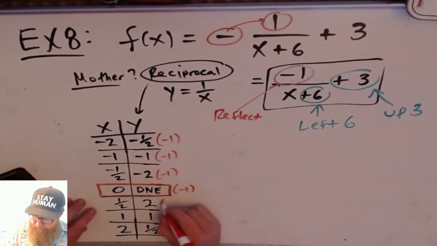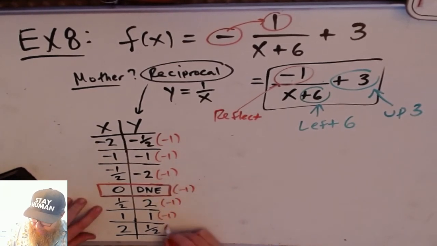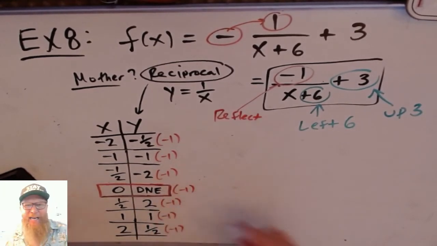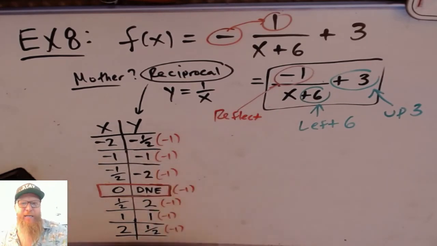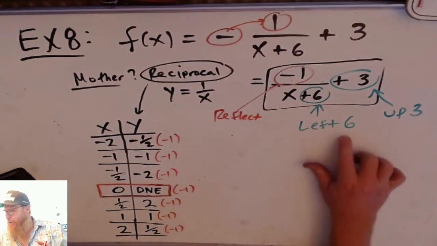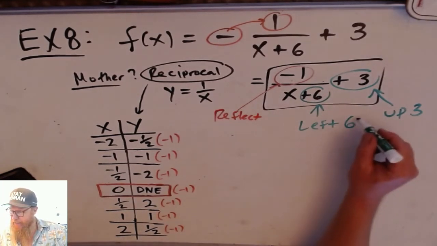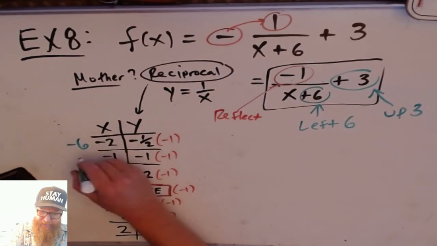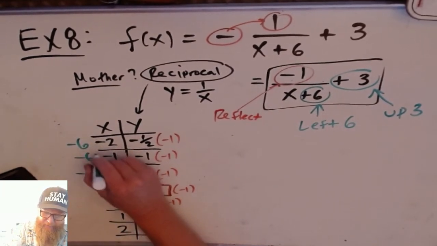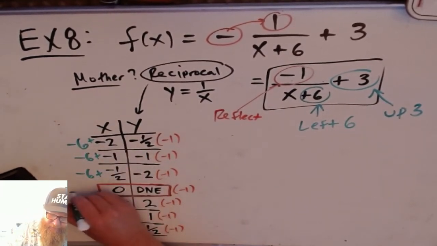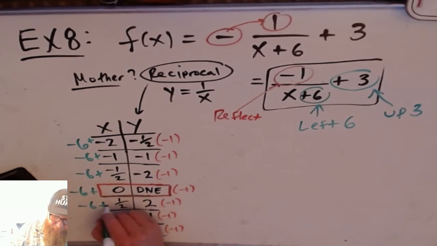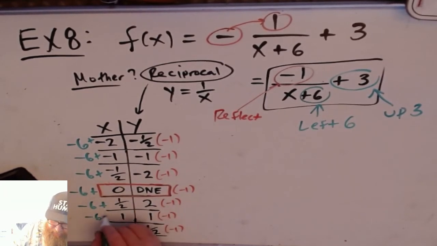I even do the DNE. I mean, it's not going to change anything. I just like everybody to get it. Then you're going to go left 6. I even do the DNE row.